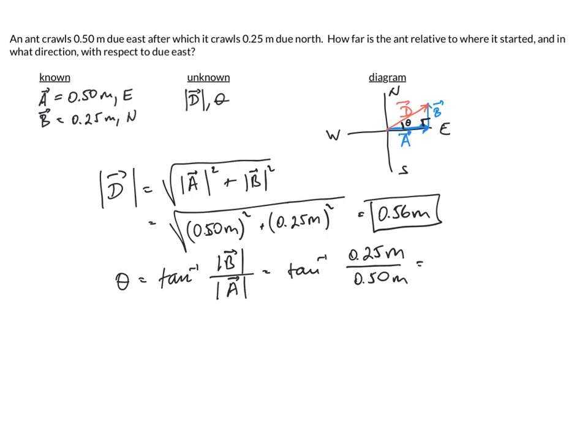And when we plug this into our calculator, we get about 27 degrees. So this is the answer that you're looking for. You want the magnitude of the vector and also the direction.